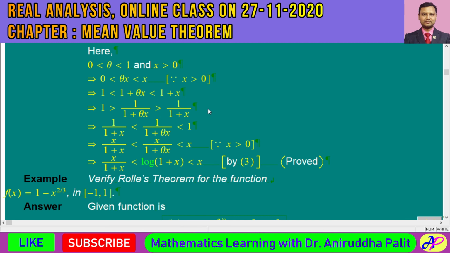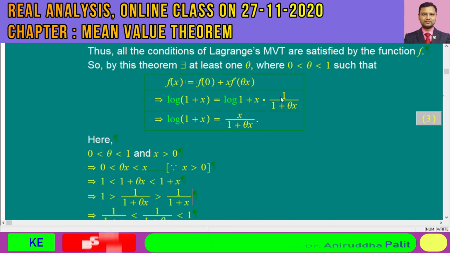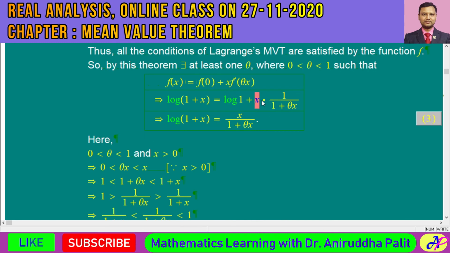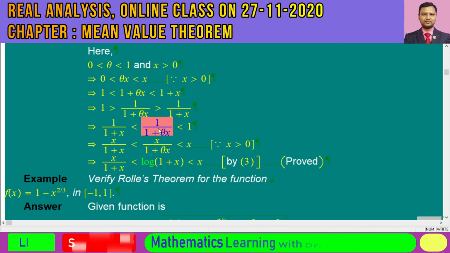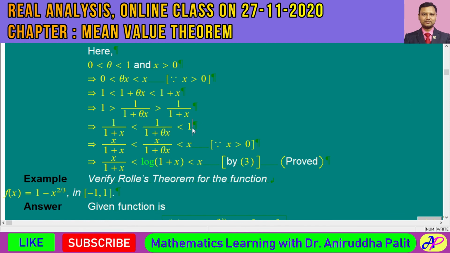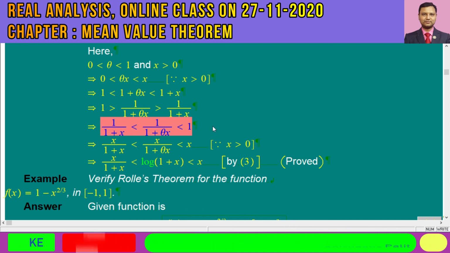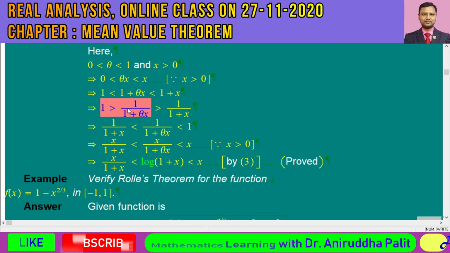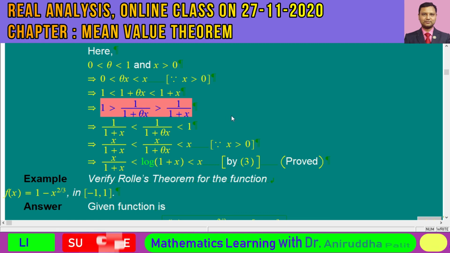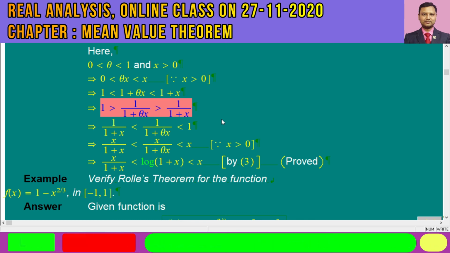Now what we need to do? We need to multiply this expression by x. x is a positive number, so we are multiplying this expression by x. In this line, what I did is, this inequality is an inequality involving the greater than symbol, and I am just converting it into a less than inequality.